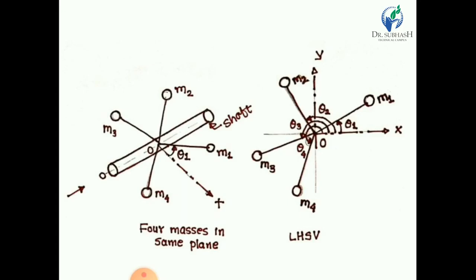That is the angular position or space diagram for the masses. In the left hand side view, you can clearly see the M1 mass making an angle theta 1, the M2 mass making an angle theta 2 with OX, similarly theta 3 and theta 4. These are the angular positions of the four masses.